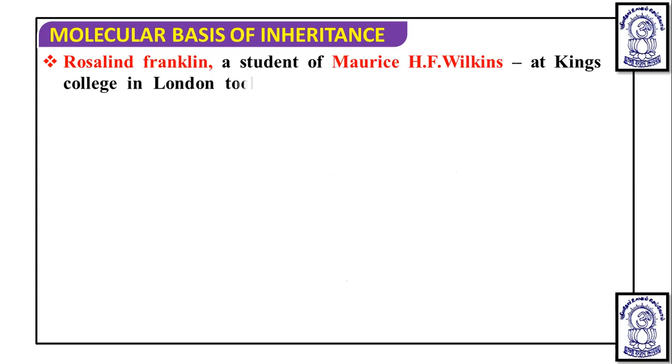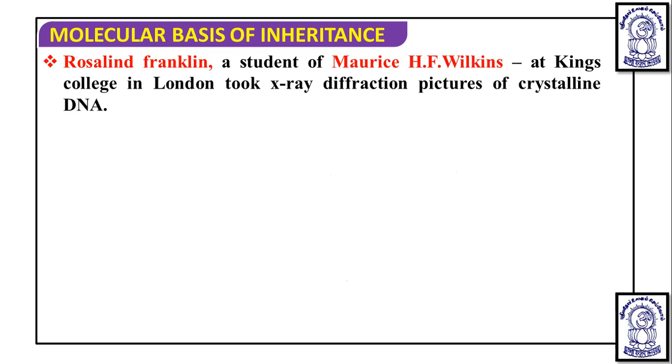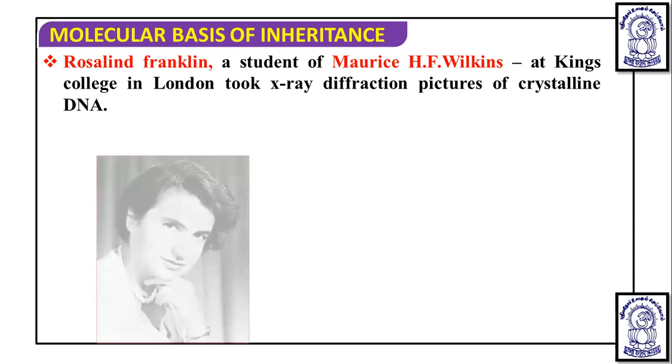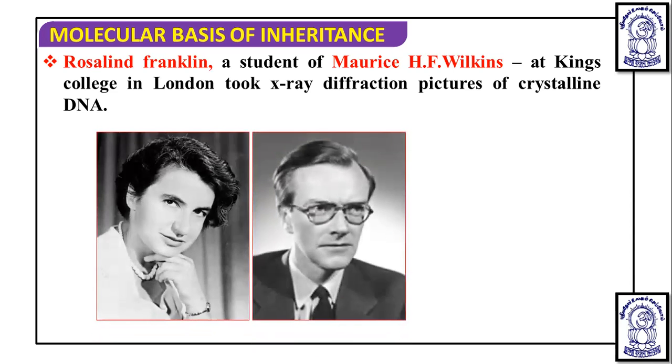Rosalind Franklin, a student of Maurice Wilkins at King's College in London, took X-ray diffraction pictures of crystalline DNA, meaning solidified DNA, and they obtained very fine pictures of DNA.